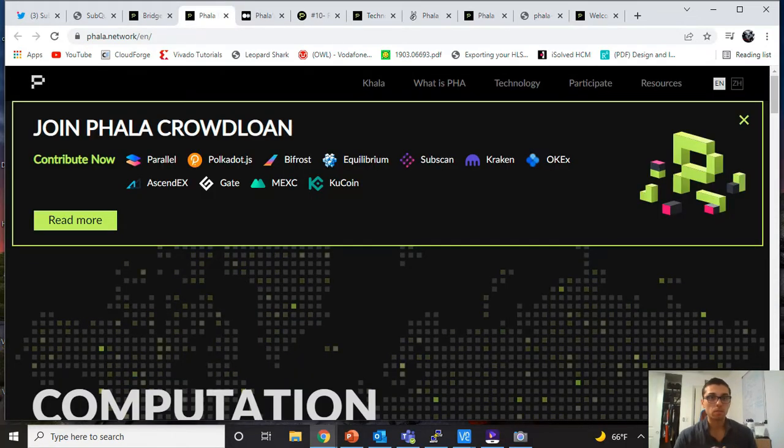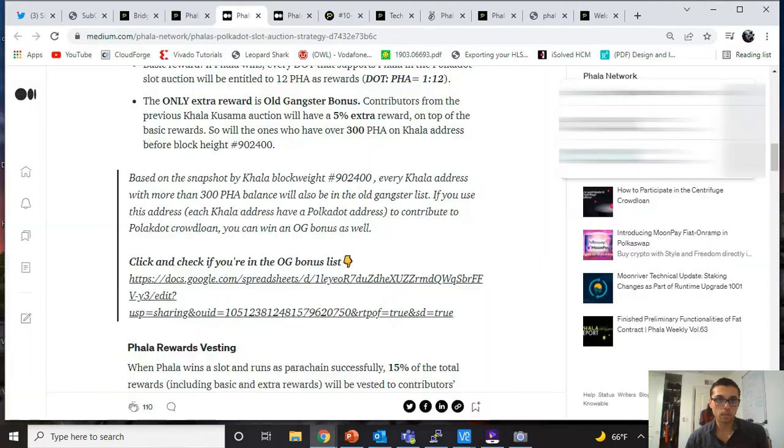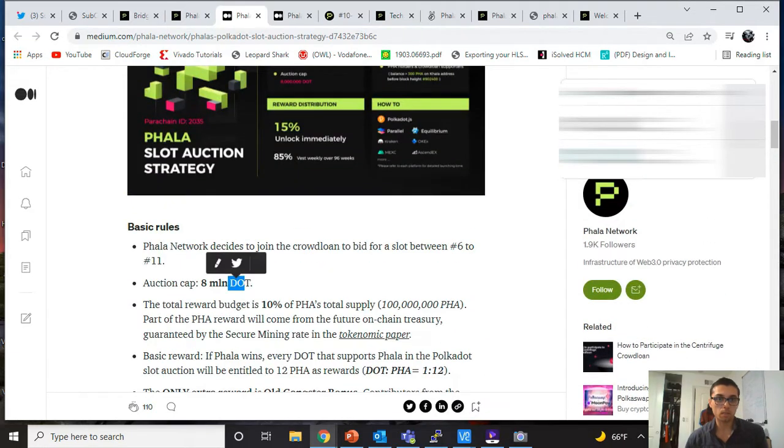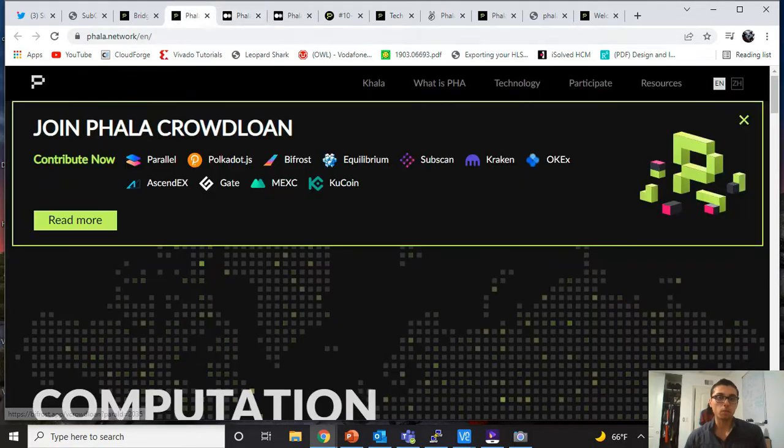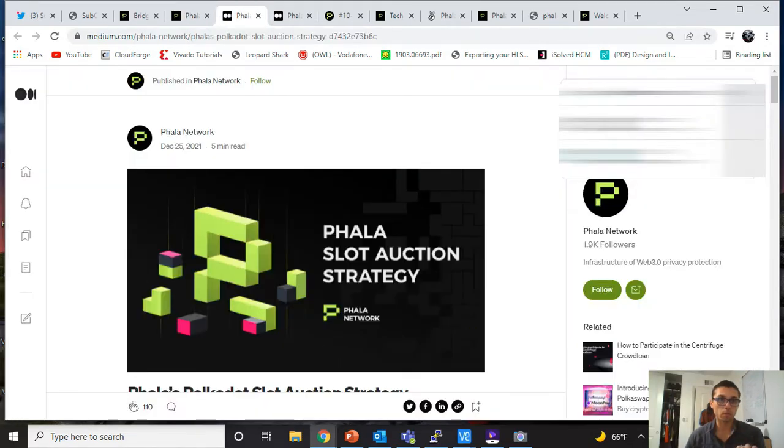Currently, Phala is in a crowd loan state, I believe. Let me refresh this. Yeah, so the crowd loan, and what they're trying to do is get listed on, I think it's Polkadot. Yeah, DOT. And so they basically want to be infused into the Polkadot ecosystem. If you're interested, you can stake some DOT to basically vote for the Phala network, and then I think their return is a 1 to 12 ratio.